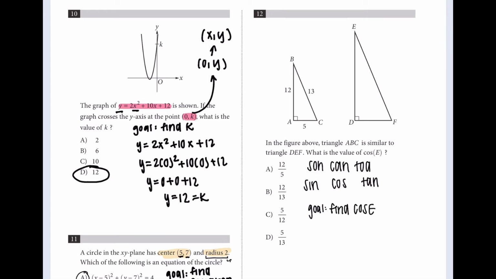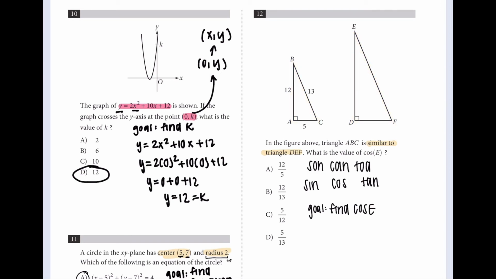cosine of E. Okay, and so before we ask ourselves how we find cosine, let's look at this diagram that we have here. We have two triangles, and they've told us a very important piece of information, that the triangles are similar. So meaning the ratio of the sides for this triangle are going to be the same as this triangle.